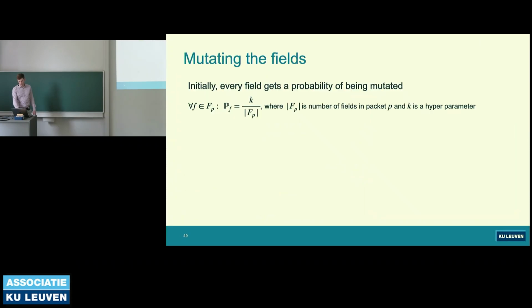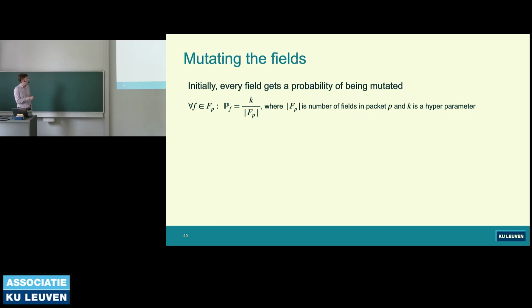So first of all, how do we choose which fields to mutate? Initially, every field in the intercepted packet gets a probability of being mutated. This probability is uniform and is fixed using this k hyperparameter, which basically tells you the average number of fields that will be mutated in a packet.